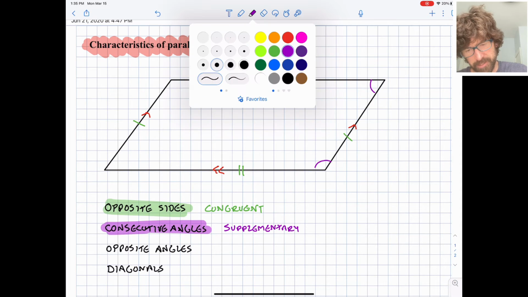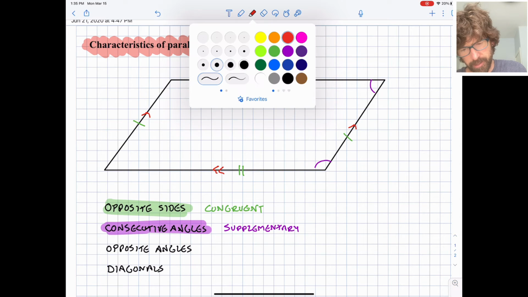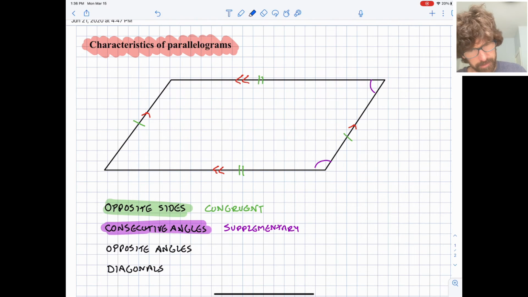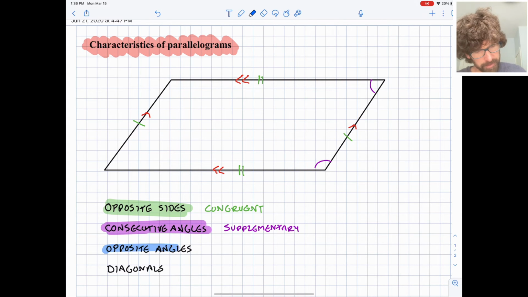Let's look at opposite angles. I wonder if you can, actually let's not do it in red because I marked my givens in red, so I need another color here. I will use blue. So opposite angles.